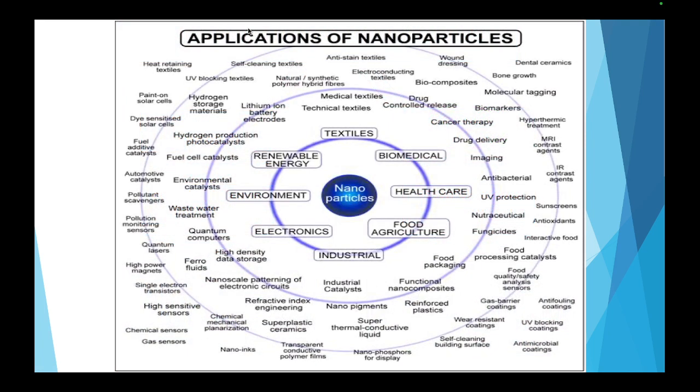Then applications of nanomaterials. We can see that there is no field which remains untouched by the impact of nanomaterials, or we can say that nanoparticles, nanomaterials or nanostructures find application in almost all areas of our daily life.